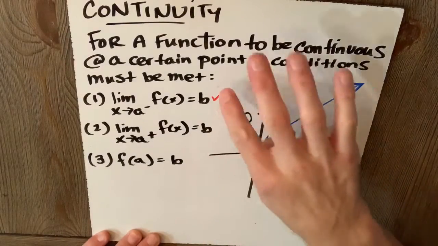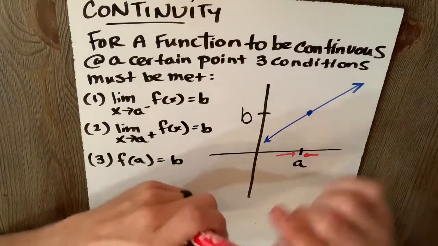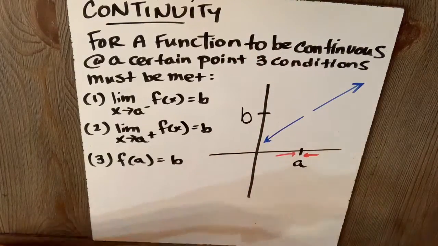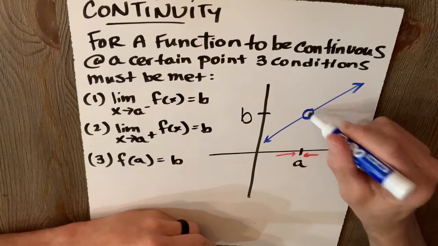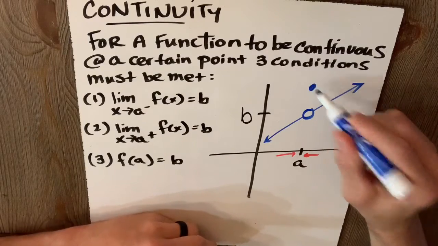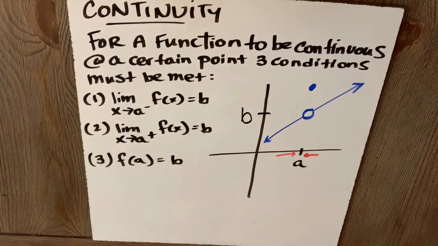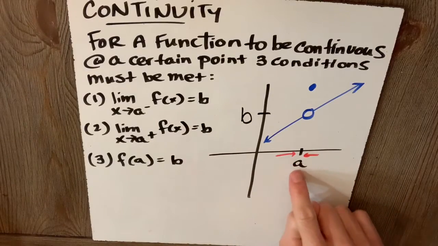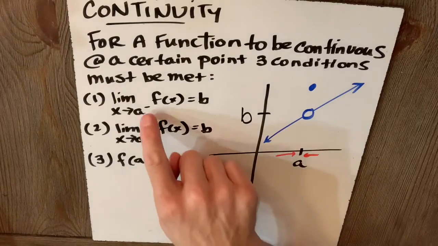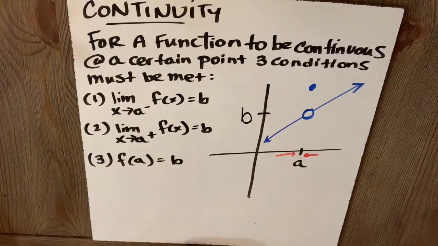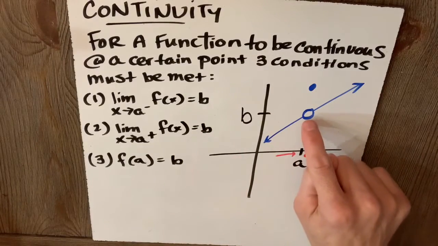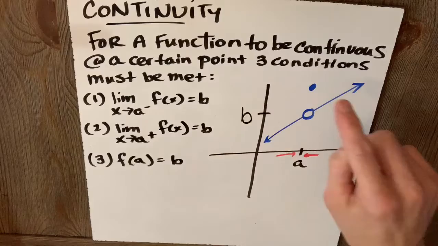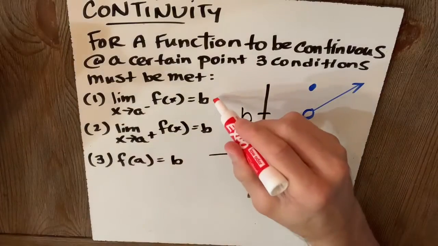What would be an example where we wouldn't have a continuous function? Well, what if I put an open dot here and then said this point is up there? Maybe it's a piecewise or multi-rule function. Now the limit as we squeeze in on x from the lesser side, the left side, the function is heading towards b. The trend in y is b. So that's true.